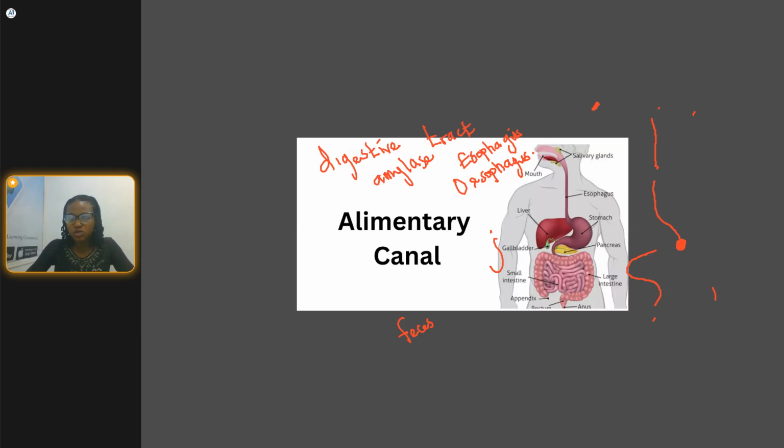So these are the major organs in the alimentary canal. So we still have something we call the liver. We are yet to talk about the liver, the pancreas, the gallbladder. These ones also, they are alimentary canal, but we don't regard them as the alimentary canal because they function a little bit differently from the organs in the alimentary canal.